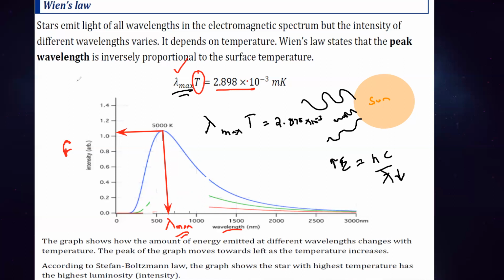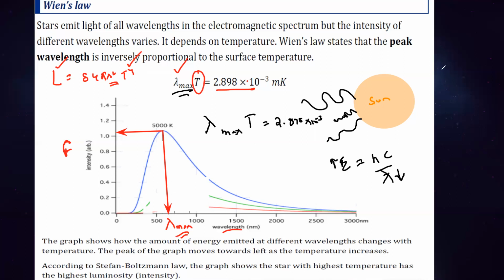And after knowing the temperature of the star and the luminosity, we can use the formula to find the size of the star: luminosity is equal to sigma 4 pi r squared T to the power 4. So if we know the luminosity and we know the temperature from Wien's law, we can find the size of the star.